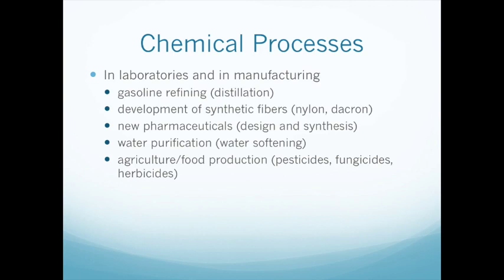Water purification or water softening is another chemical process that is done in large industrial facilities. And agriculture is now often done industrially at a very large scale using pesticides, fungicides, and herbicides, all of which are chemicals. Additionally, fertilizer is a chemical, as well as all of the processes within the plant itself.